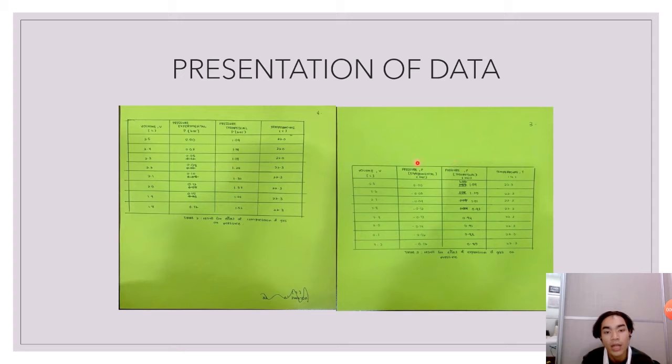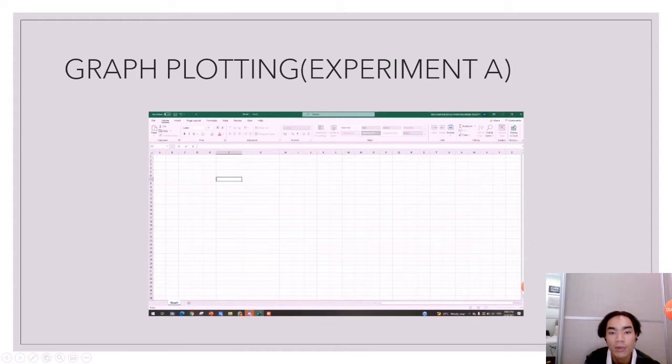Presentation of data. There are two sets of tables. First is the result for the compression of air, and second is the result for the effect of expansion of gas. So this is the graph plotting for experiment A. I'm just going to fill in the values.